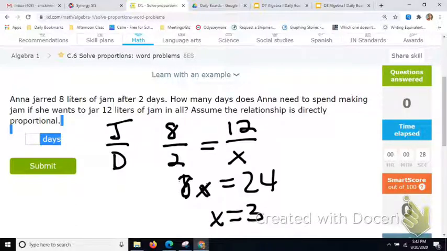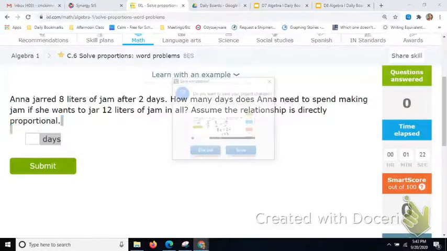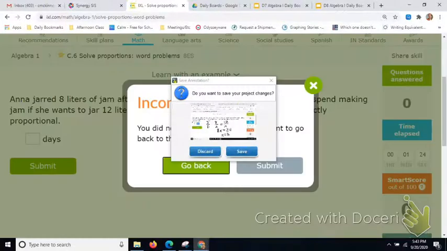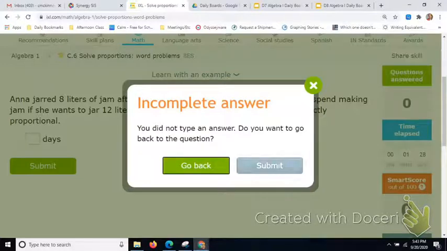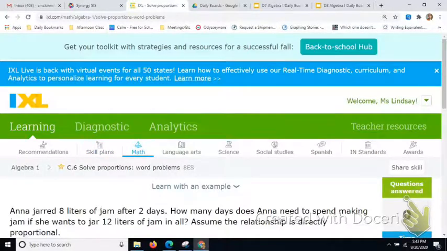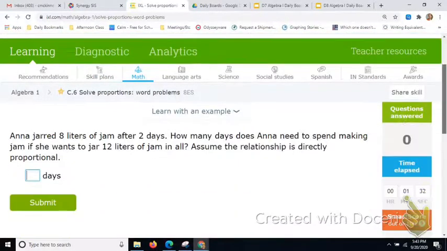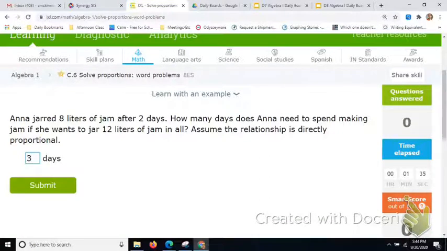And you might think, well, the days was like the jam divided by 4. 12 divided by 4 also gives us 3. So more than one way to get to our solution. So 3 days.